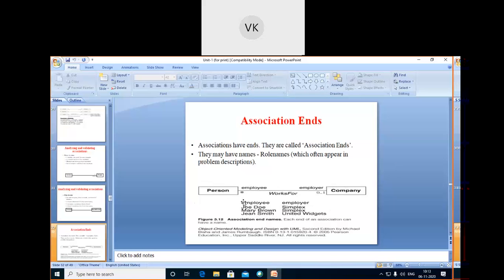Like this we understand the relationship between the classes. Works for is a general description between the person and the company. Like this we have the association end names.